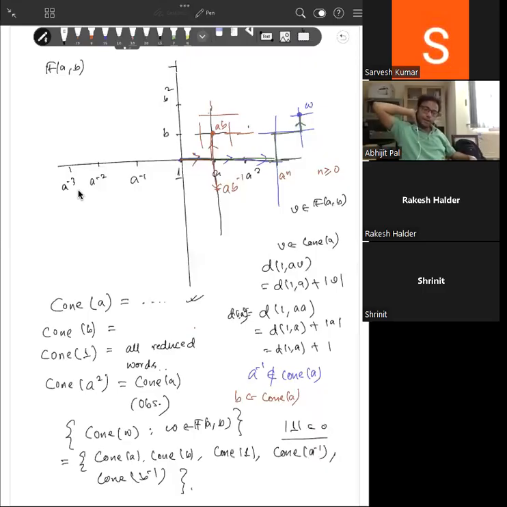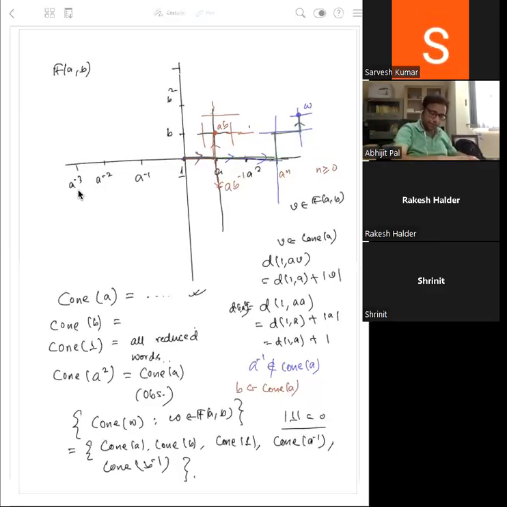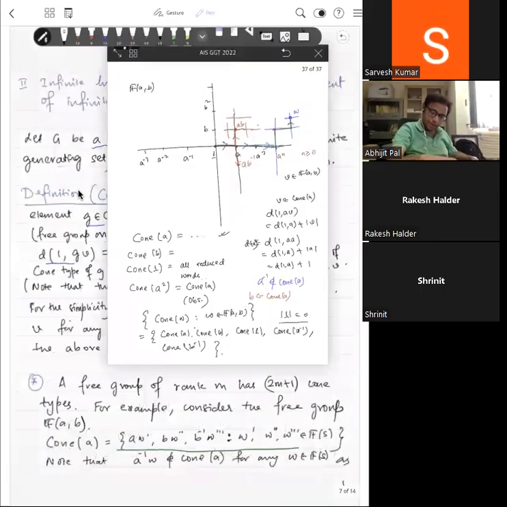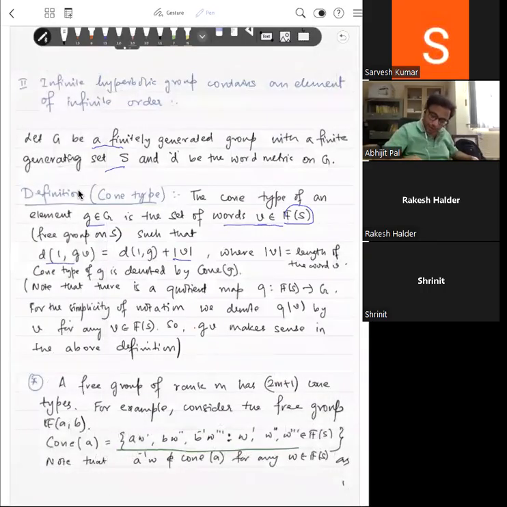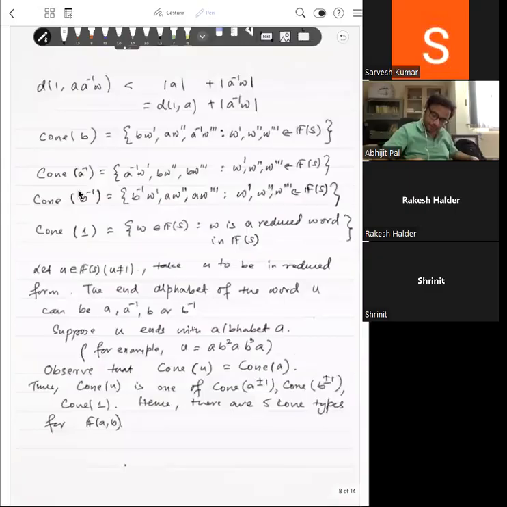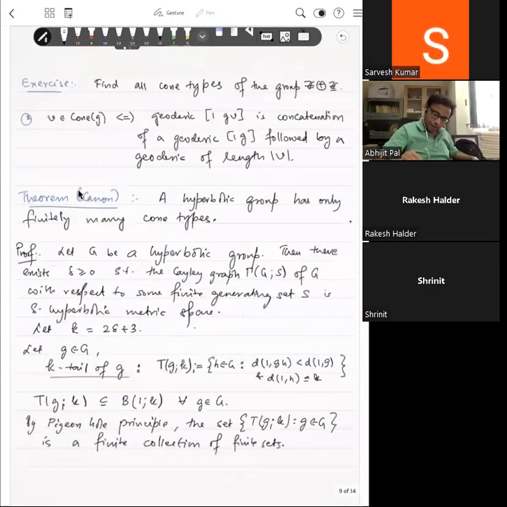Now if I take a hyperbolic group, there is a result that the number of cone types for hyperbolic groups is finite. That theorem was proved by Cannon, I think. So a hyperbolic group has only finitely many cone types.